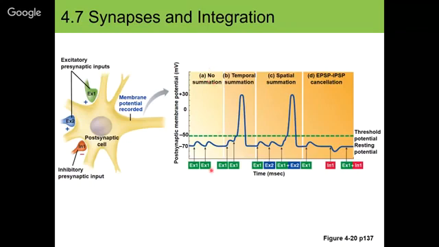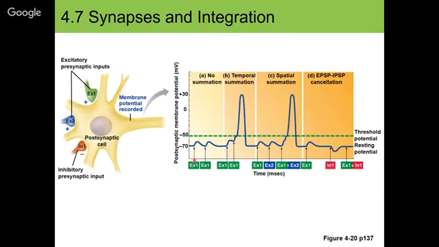In this case, if an excitatory presynaptic input is stimulated a second time after the first EPSP in the postsynaptic cell has died off, then a second EPSP, a second excitatory postsynaptic potential, will happen, and it'll be of the same magnitude as the initial one.